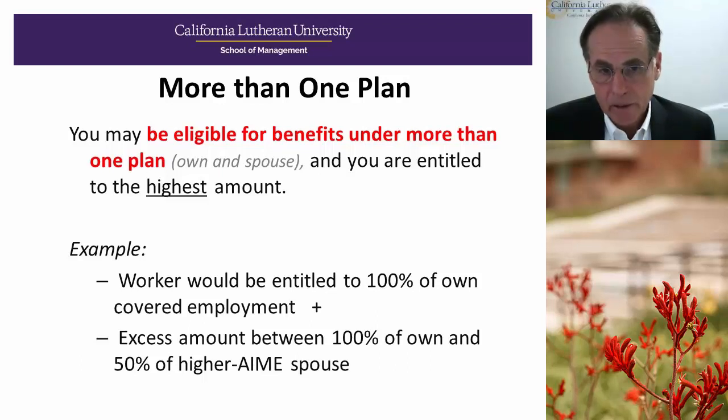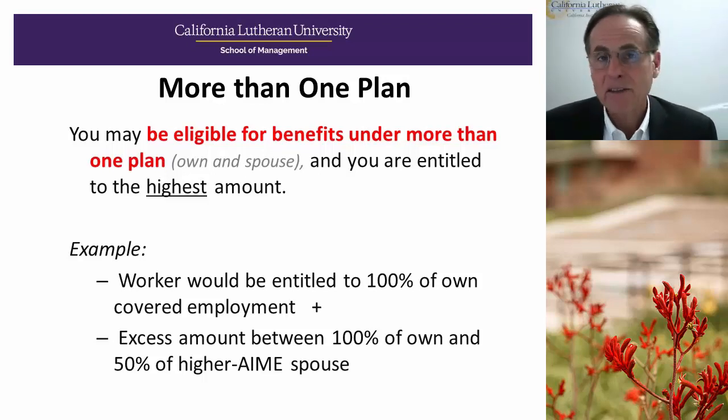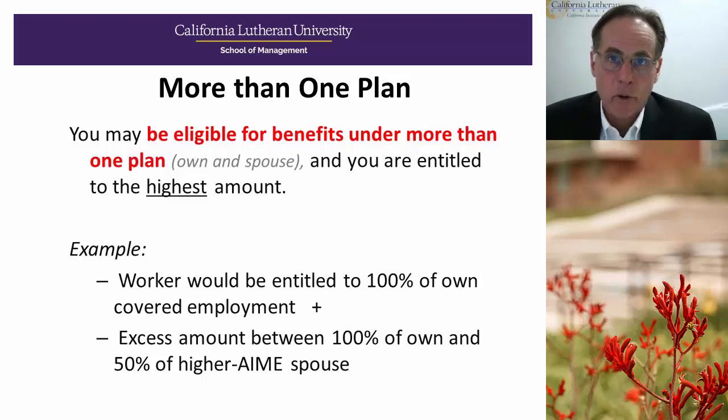But the idea here is that maybe the worker, if the spousal benefits exceed their own, then they would receive 100% of their own benefits, and then the excess from the spousal portion, which would again equal what it would have been under the spousal. So it's the highest of either your own or your spousal benefit, but when they actually pay that, it's included your 100% of your own and the balance coming out of the second one.